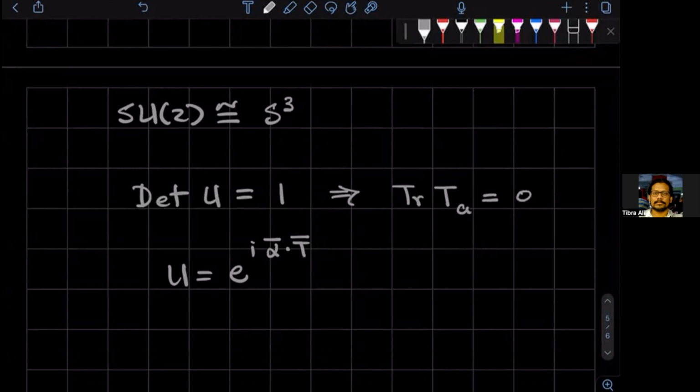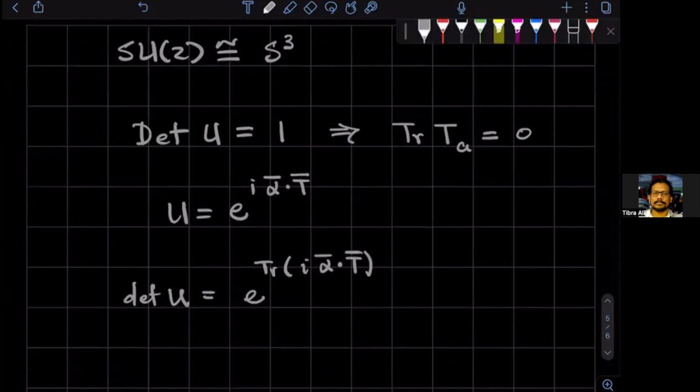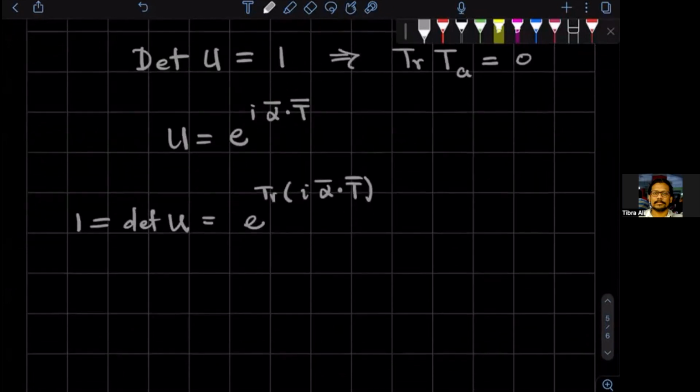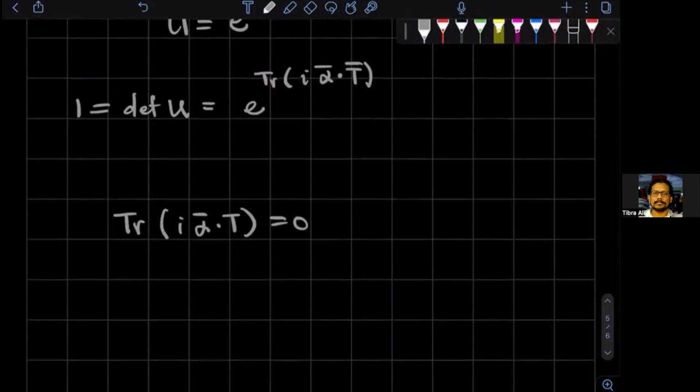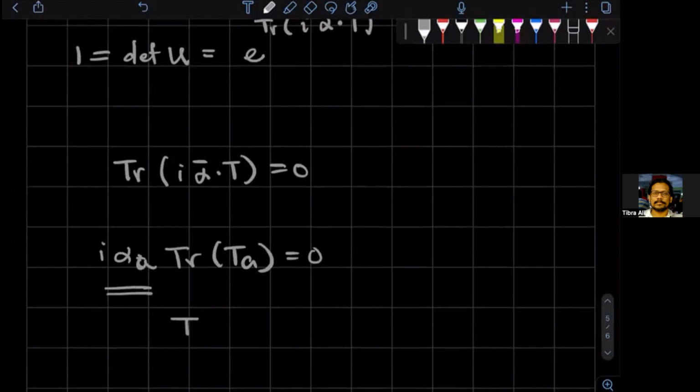From our formula, the determinant of U is equal to e to the power trace of i alpha dot t. And this thing is 1. That means that trace of i alpha dot t is 0. And that means that alpha A, let me call it A, trace of TA is 0. But these are arbitrary parameters. That means that trace of TA is 0.